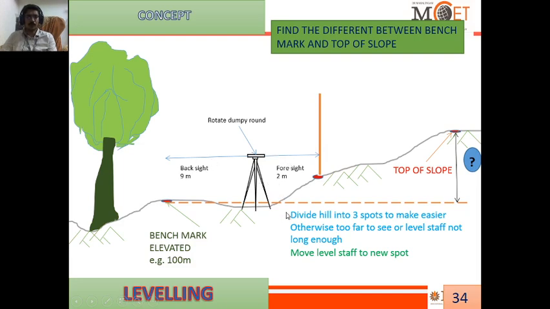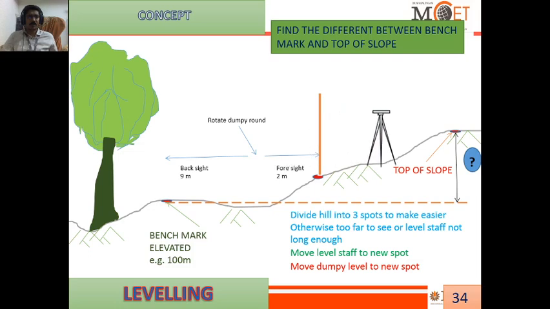If one more point is taken, that becomes the intermediate sight, right? So now the dumpy level is moved to a new spot. Whenever we place the instrument, we have to take the reading over a known point. Do we have to take the reading back to the benchmark?